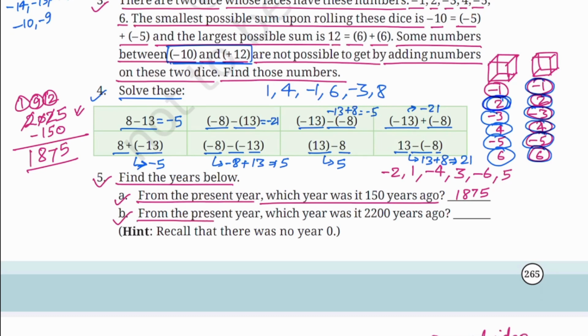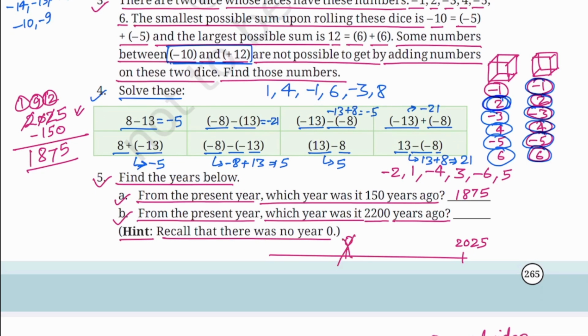B. From the present year, which year was it 2200 years ago? Hint: recall that there was no year 0. That means you are living here in 2025, for example, and this is 0. Since it is not present in years, we count.